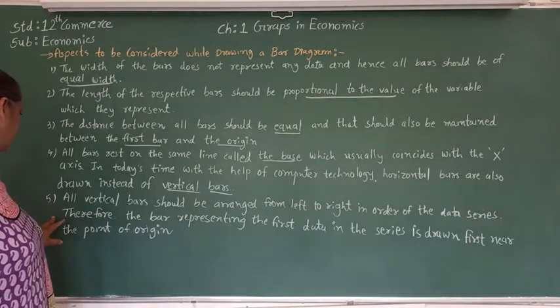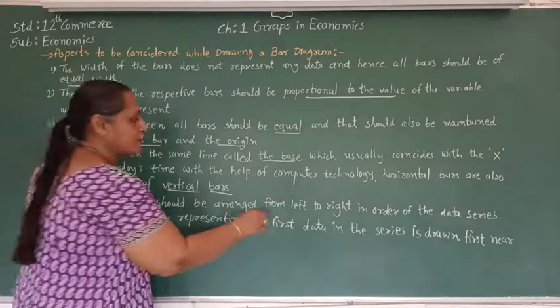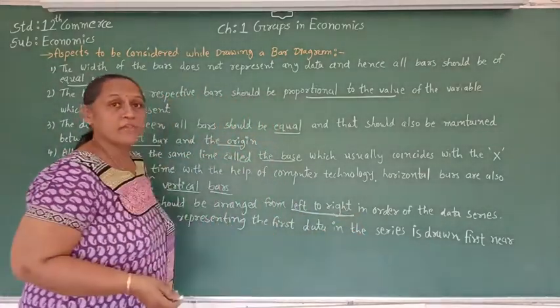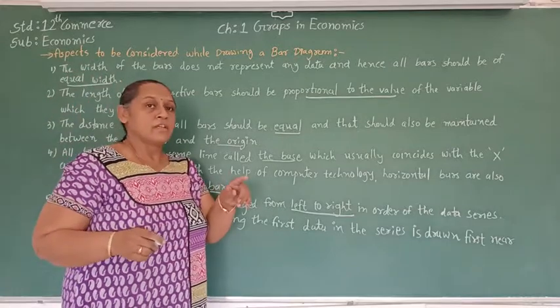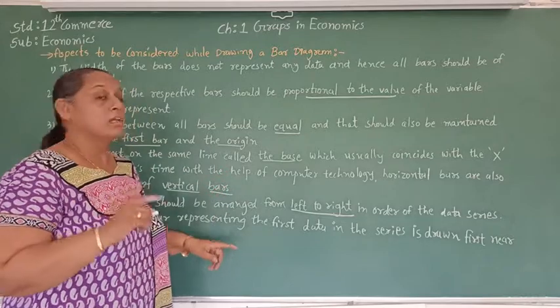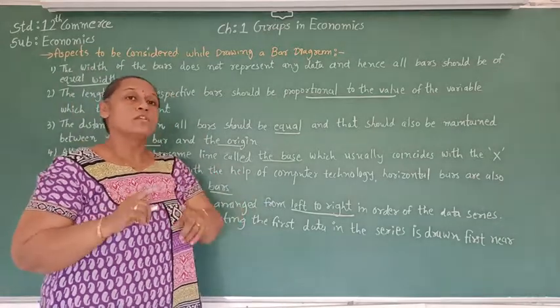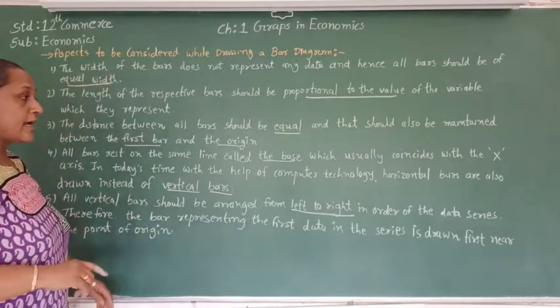Now let's talk about the fifth point. All vertical bars should be arranged from left to right. When we are drawing bars, as we know, from 0, that is the origin point, to X, OX is from left to right. So whatever bars we are drawing must be from left to right.